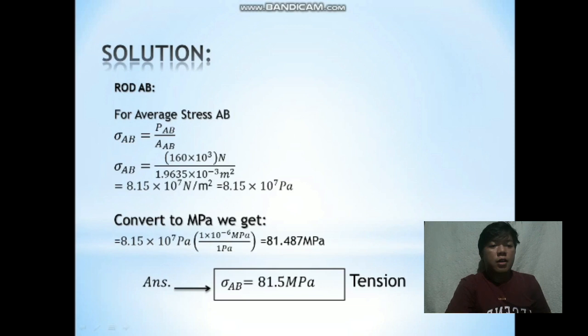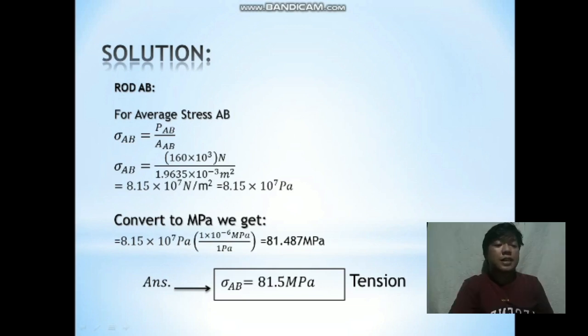So we get the average stress, which is 8.15 times 10 to the 7 Newton per m squared, which is equal to Pascal. Since it is Pascal, I converted it into megapascal. So it will become 81.5 megapascal as it has a tension force.